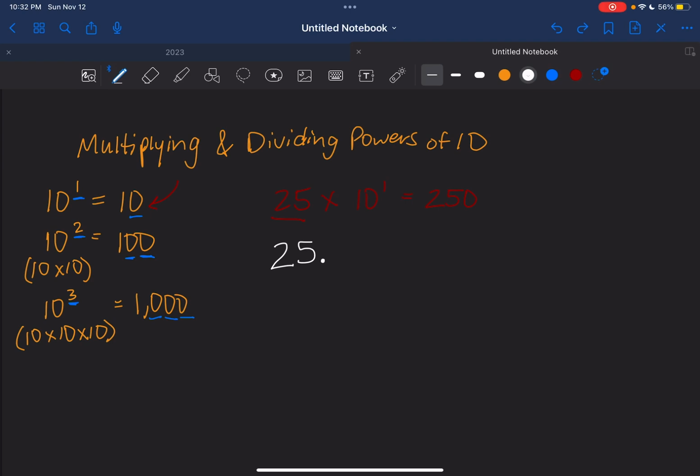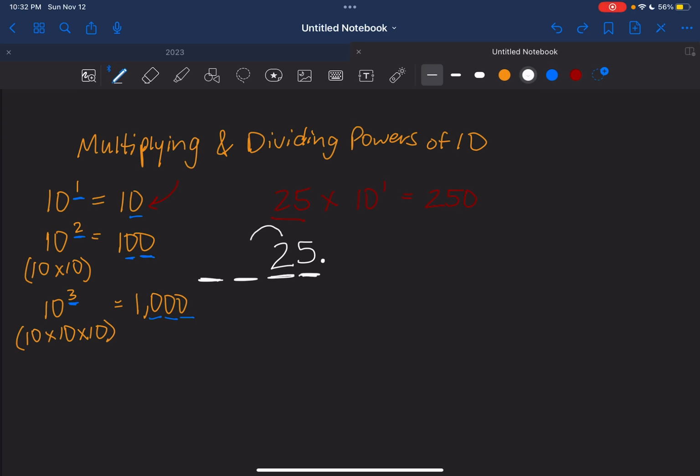And so those digits 2 and 5 are just jumping one place value to the left, because they're being multiplied by 10.